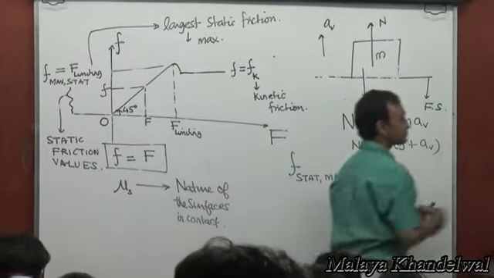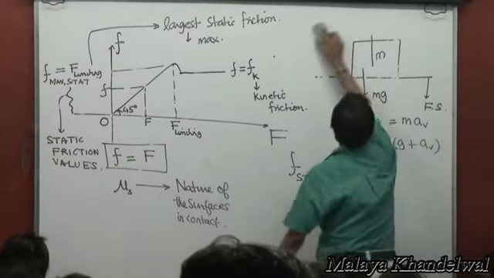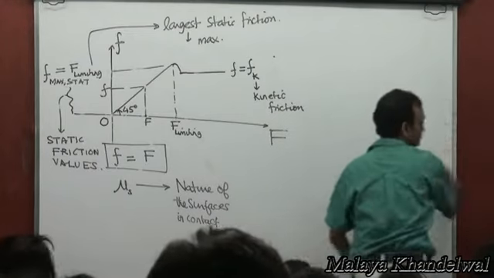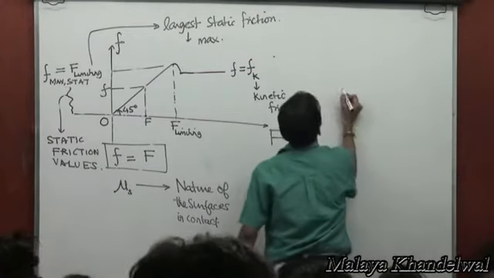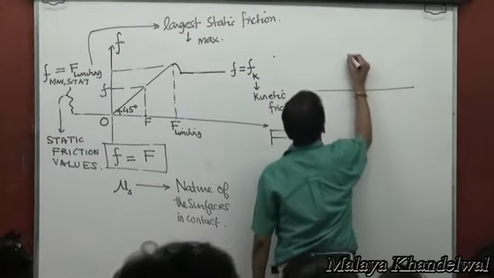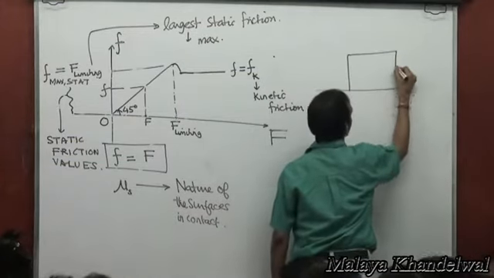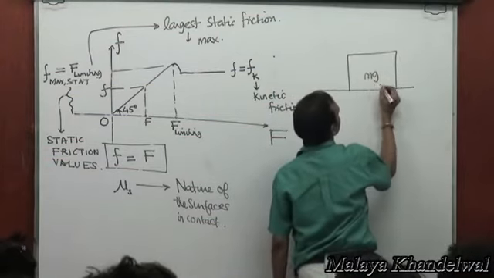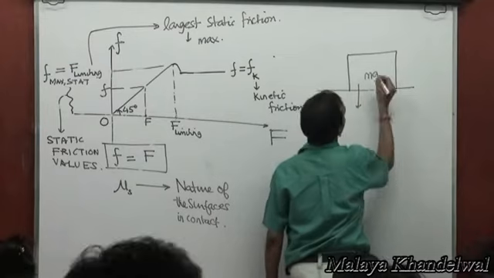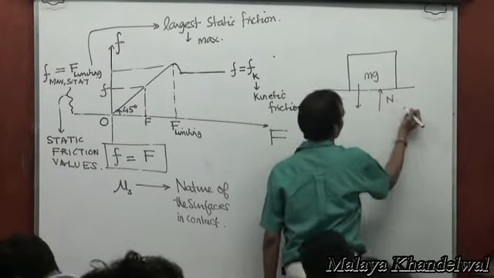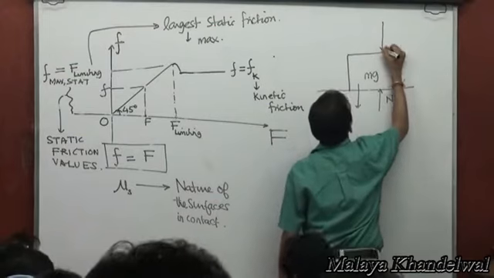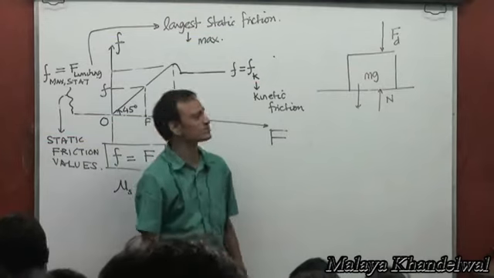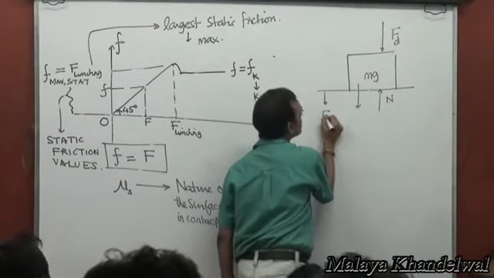For example, if one had a situation like this, there is mg downwards, there is normal reaction N upwards, and let's say there is a downward force Fd acting on this rigid body, pressing this rigid body, and this is a fixed surface.